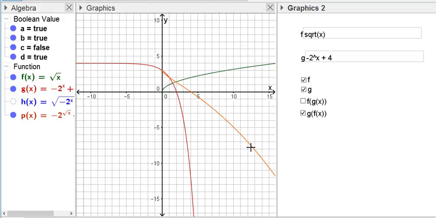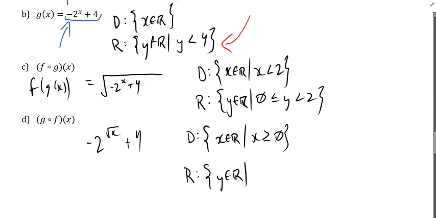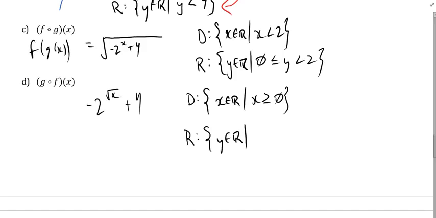Negative 32 plus 4 gives me a big negative number. Right? And if I put in 0, I end up with 1, 2, 3. Okay, so back here, the range is y is less than or equal to 3.